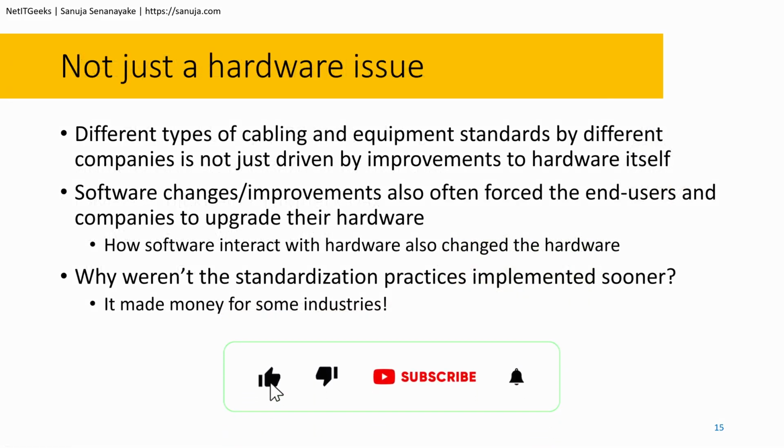As I mentioned briefly before, the hardware and cabling standard has to do with the hardware equipment itself and the evolution of hardware, but the different types of cabling and equipment standards by different companies are also driven by changes to software.